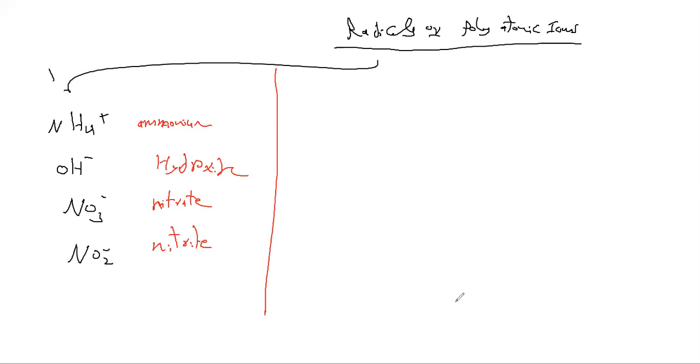In the case of valency 2, we have carbonate and sulfate. In valency 3, we have phosphate.